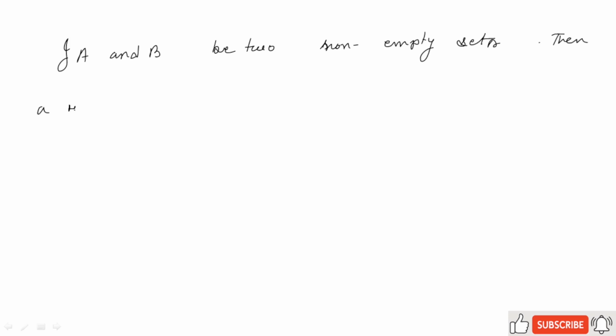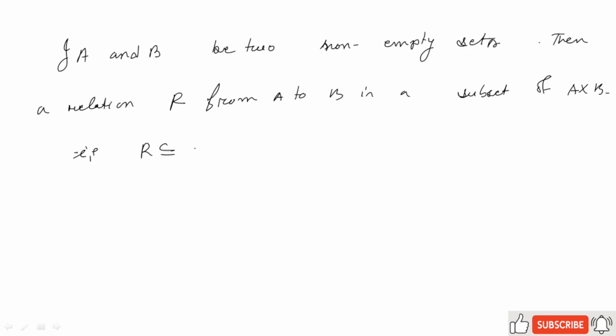The definition is: if A and B are two non-empty sets, then a relation R from A to B is a subset of A cross B. That is, relation R is a subset of A cross B. This can be represented like this also: R from A to B is a relation from A to B.